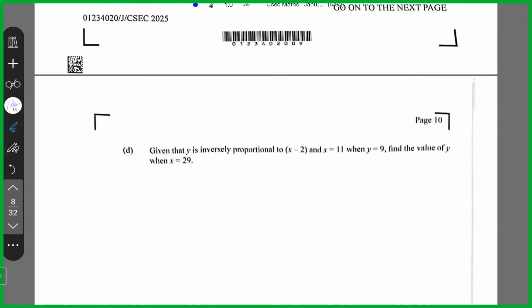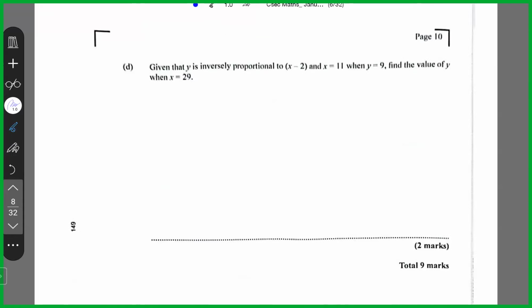Next, given that Y is inversely proportional to X minus 2, this statement is a variation statement. That statement translates into Y is equal to K over X minus 2.